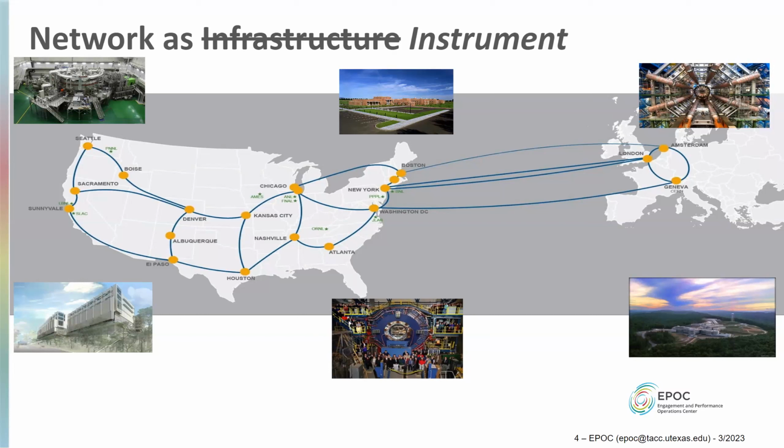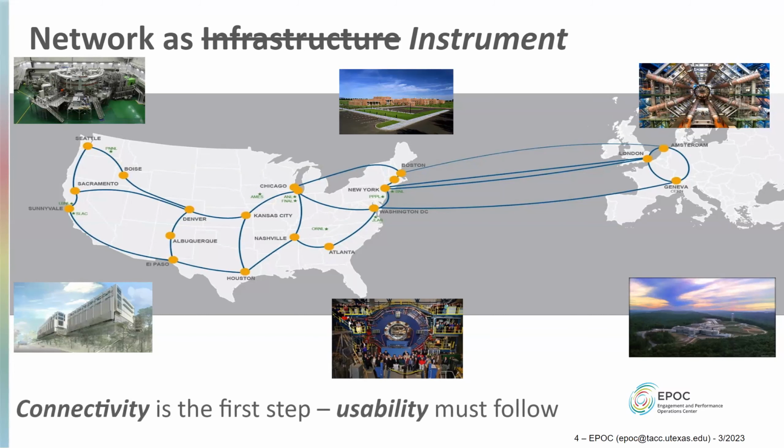So it's a little bit of a different mindset than purely just building a network for the sake of building a network. So what we're interested in is usability. We're not just looking at connectivity. Connectivity is just the start of what we're looking at here. It's not the end point.